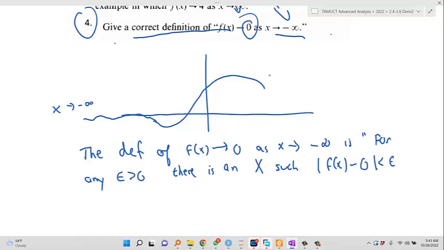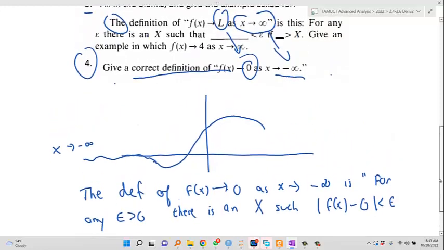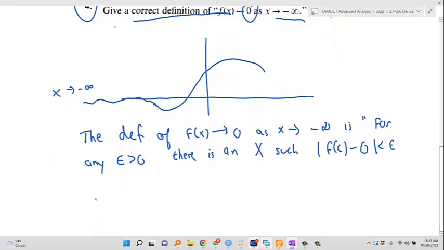So it's not that little x has to be bigger than big X. It has to be that little x is less than big X. So there's some big X here that if little x is smaller than big X, then the value of f is very, very close to 0.